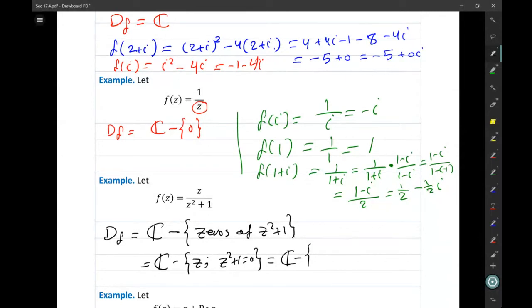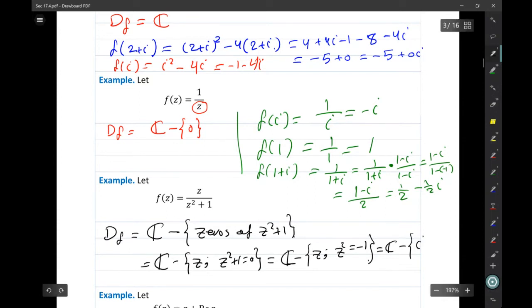That means z squared is equal to minus 1.